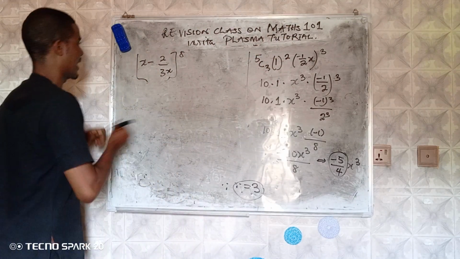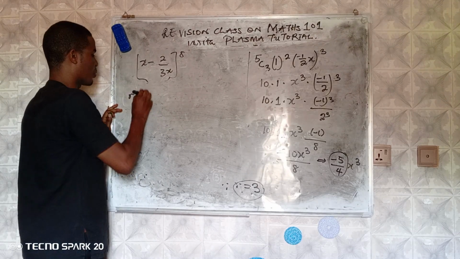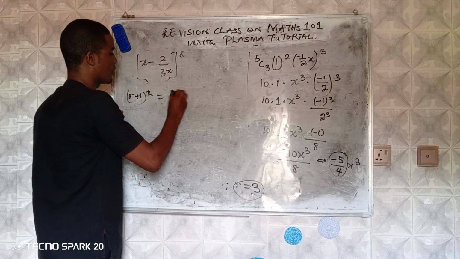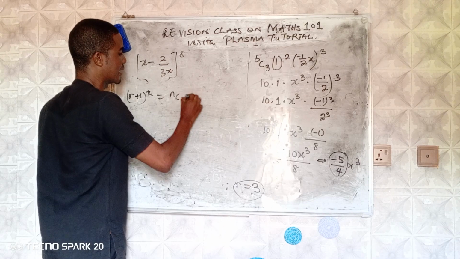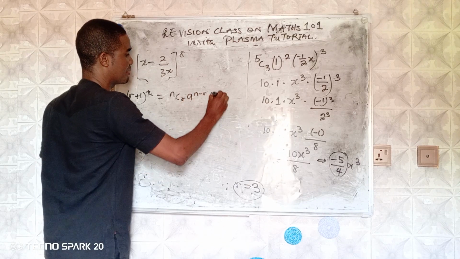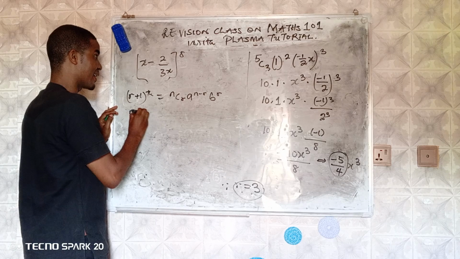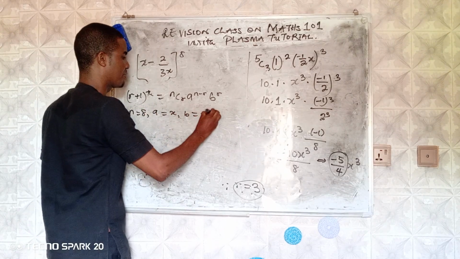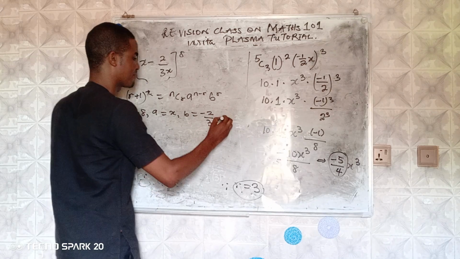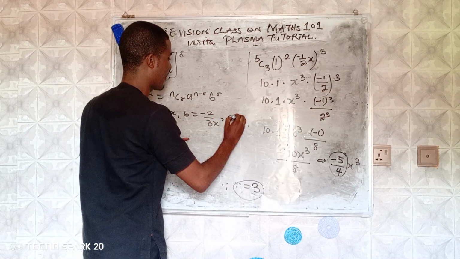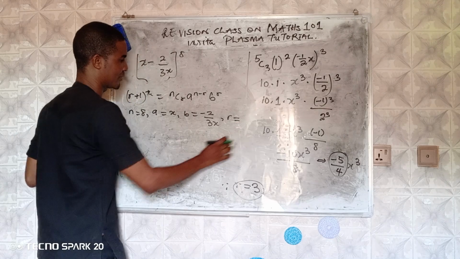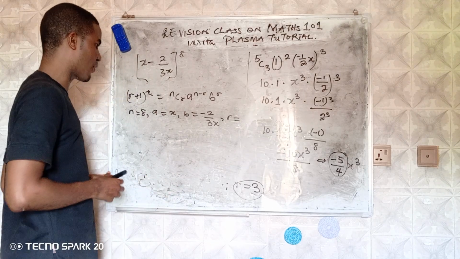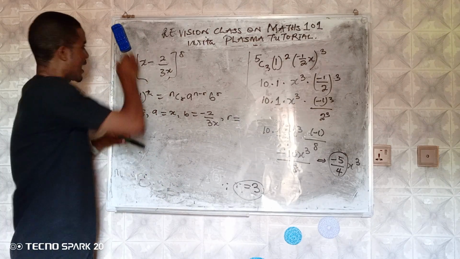So I'm going to be using the (r+1)th term equals n combined r, a^(n-r), b^r. So I have my n here to be 8, my a to be x, my b to be minus 2 over 3x. Then my r, I don't know, because they didn't mention a term for me.